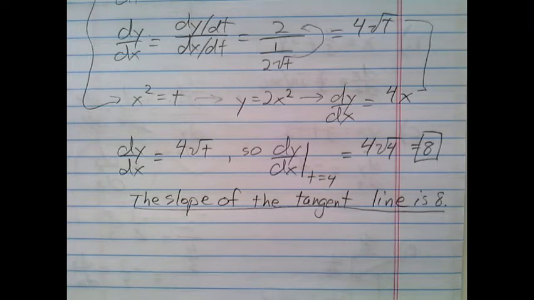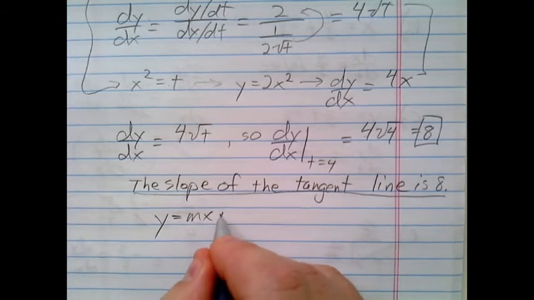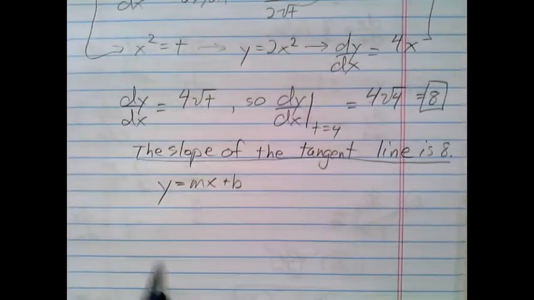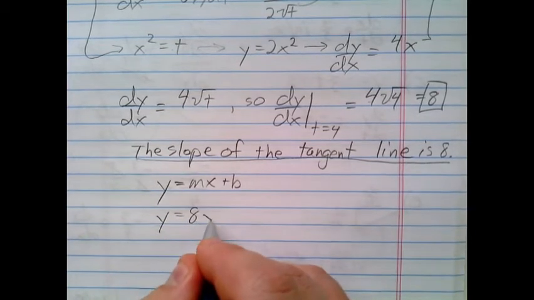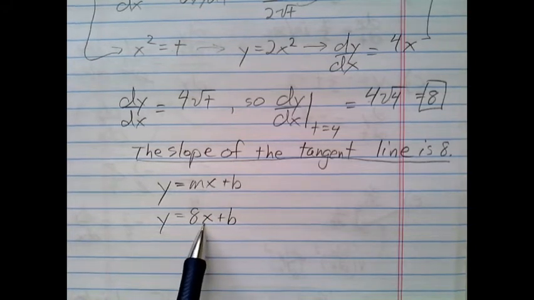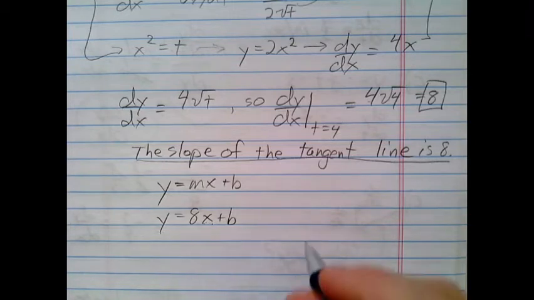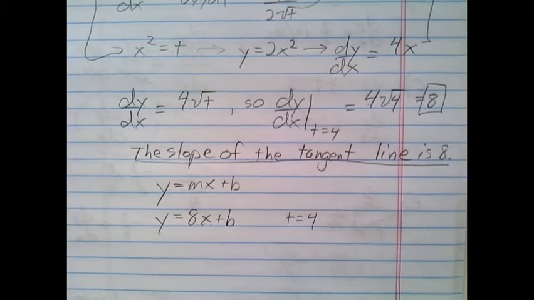Now, to find the equation of a line, we can use our little template, y equals mx plus b, and we've got the m, so y equals 8x plus b, and if we can just fill in what b is, we'll have our equation. Now normally we get b by plugging in the coordinates of a known point for x and y. And as it happens, I was not given a known point. However, I was given a value of t. We're finding the tangent line at the point where t is 4.